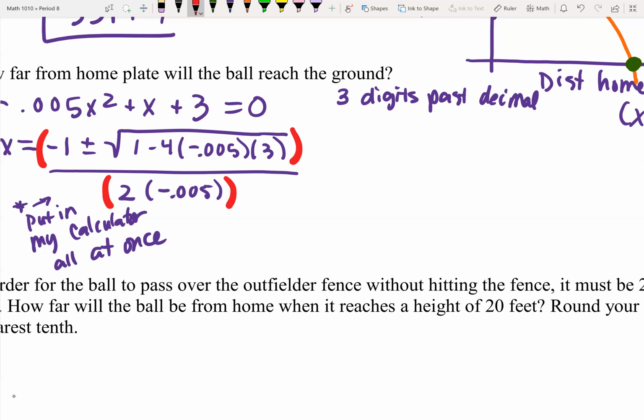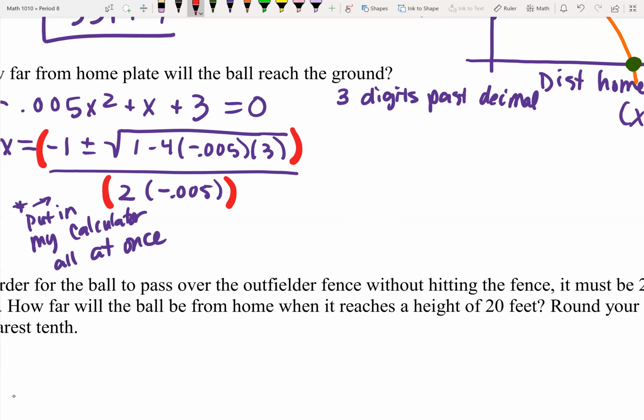How many closes do I need? The first closes the 3. The second closes the root, or the radical. Am I done? What do I need? One more that closes the top. Yes, so 3 closes.